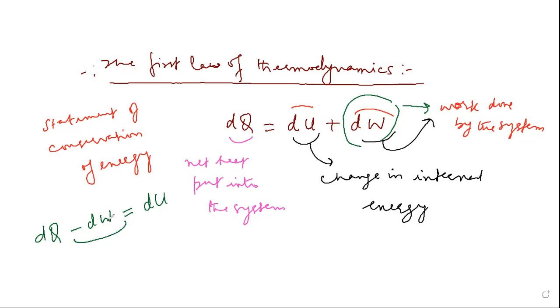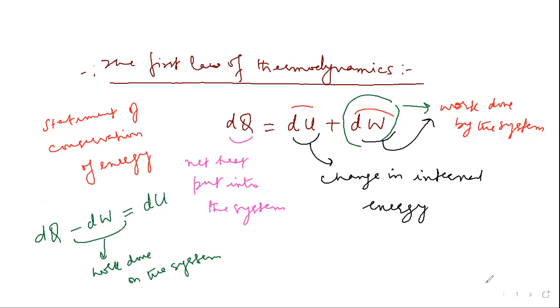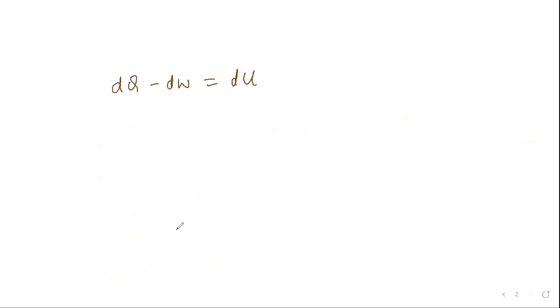And negative work we interpret as work done on the system by the surroundings, right? So dq minus dw is equal to du, right?